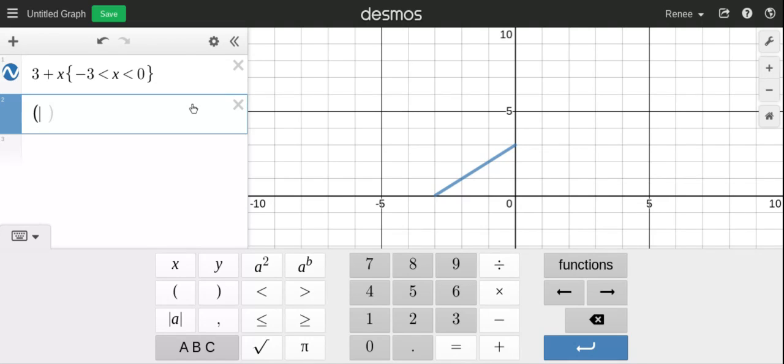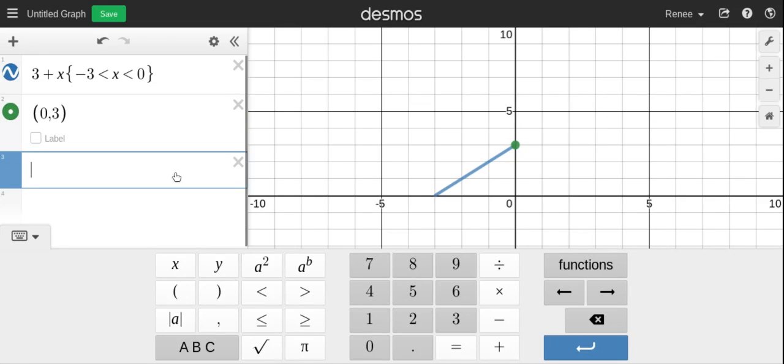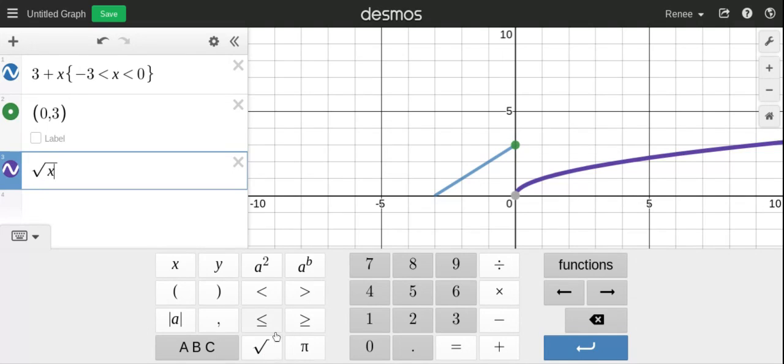So you have to actually write it as a point, 0, 3. And then the square root is here. So the square root of x, you have to get out of the square root. Make sure you get out of that square root. Here's your curly braces. X is greater than 0. And so here's what your graph looks like for example number 6.